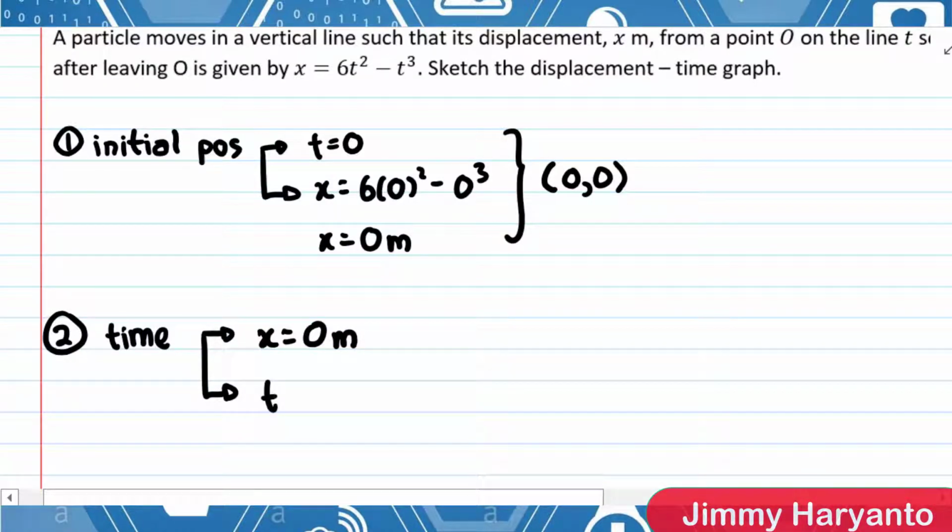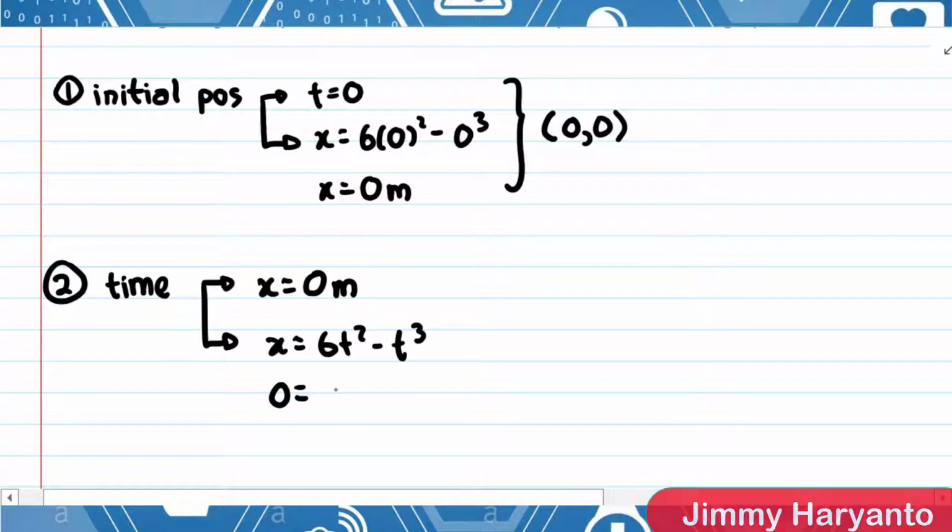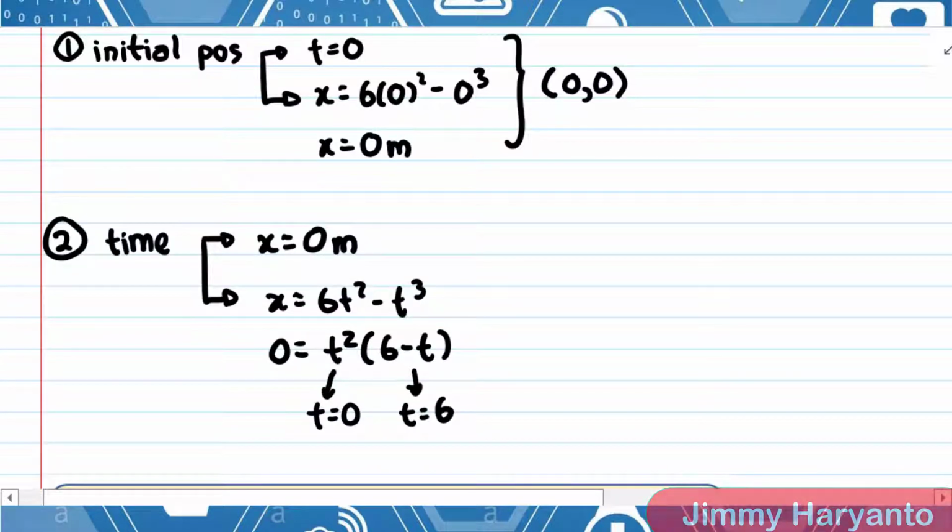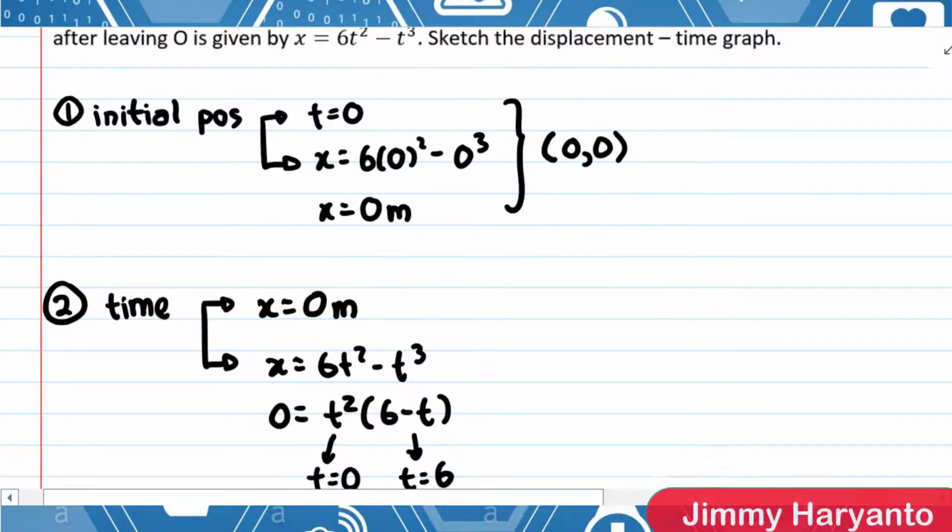So x equals 6t² minus t³, and then you can replace the x with 0 and then factorize the t² in the bracket (6 minus t). So you'll have 0 equals t²(6 minus t). From this one you'll have t equals 0, and from this one t equals 6. Okay, and that means the particle will go back to 0 after 6 seconds.